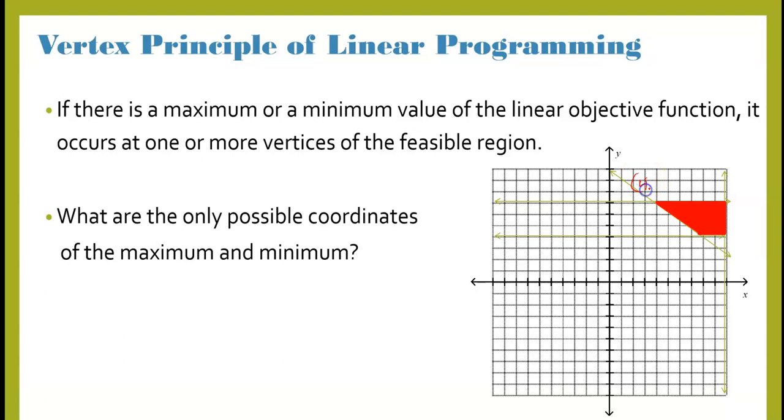This is the point 4, 7 at this vertex right here. This vertex right here, I believe that's at the point 8, 4. And we've got this point over here, which is the point 10, 7. And we've got this point here, which is the point 10, 4. Those are the only places where a maximum or a minimum of our objective function can occur.